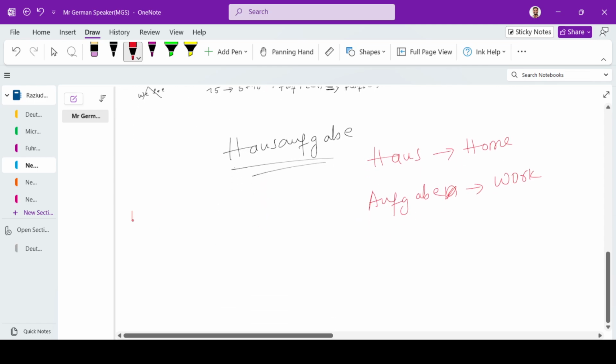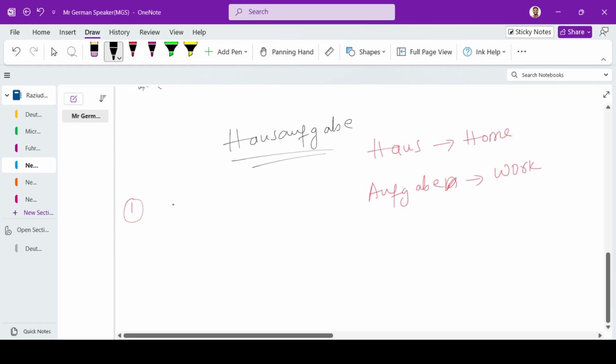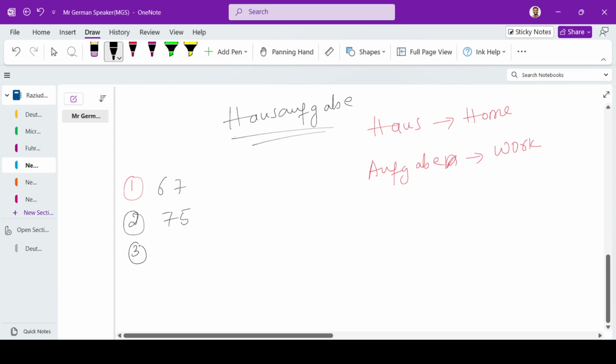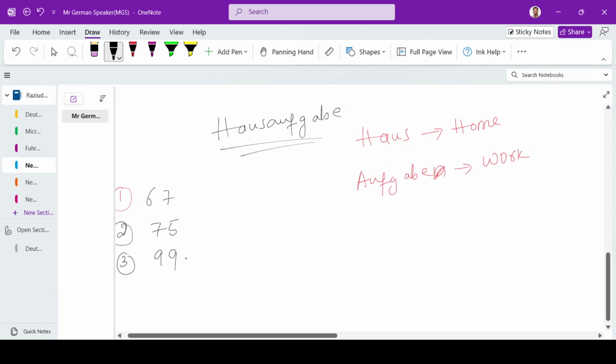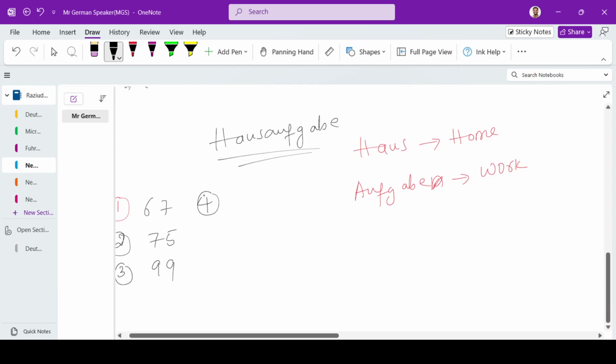I want you to write some of the numbers. So, how do you write, for example, 67? Please write it in the comments. How do you write 75? How do you write 99? How do you write 149?